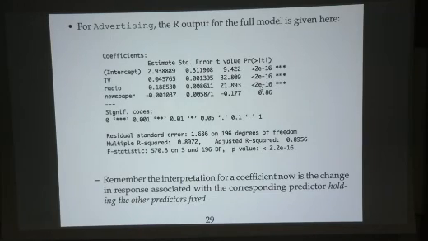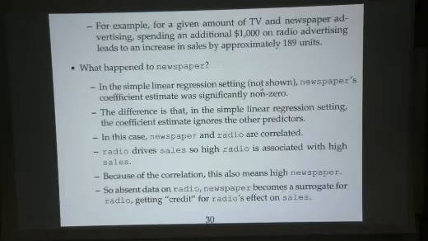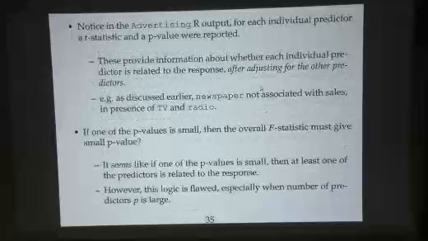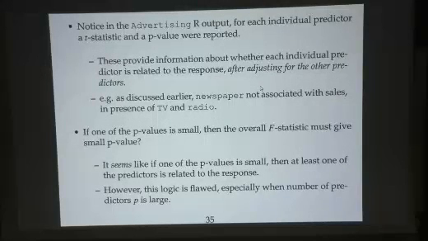So the p-value is small. But for newspaper, the p-value was 0.86, so it's not associated with sales, and there is a spurious correlation. That's what we discussed a little while ago.